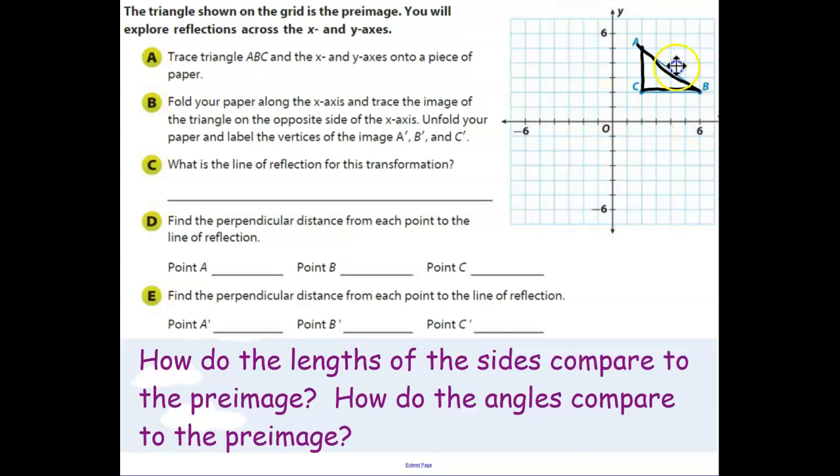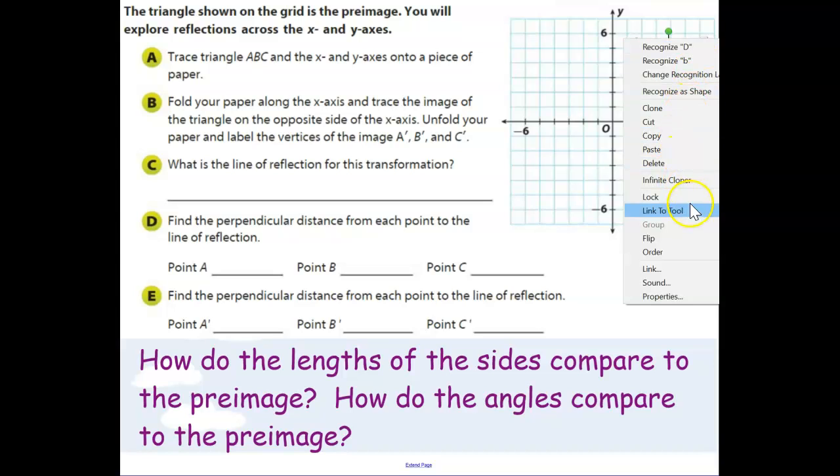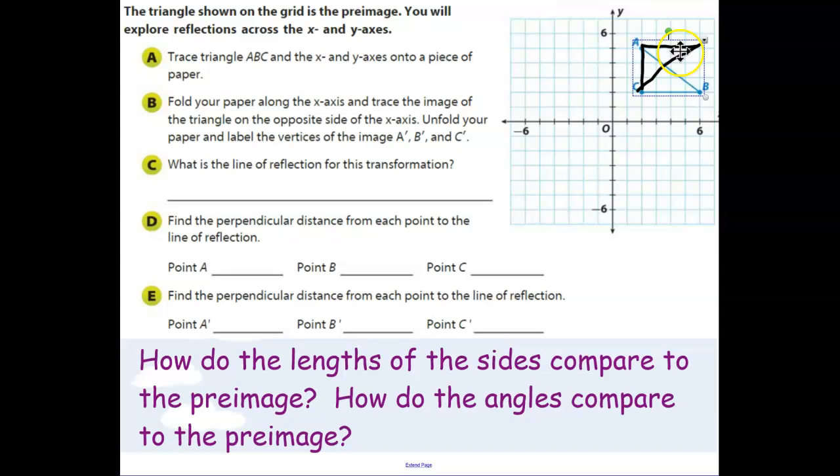So here's my x-axis, and I'm going to fold it along the x-axis. I'm going to imagine that here was my original, and then I folded my tracing figure down. And so what I just did is I reflected it.